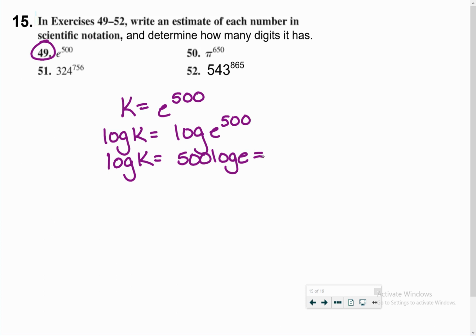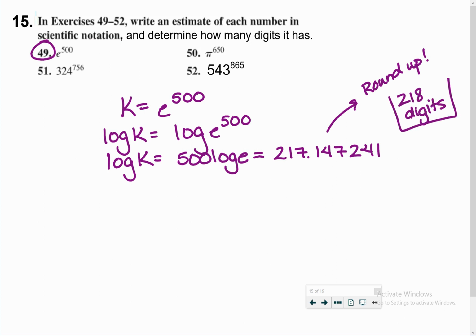So 500 log E, if I type that in, remember the E button's above the division key, I get 217.147241, as many decimal places as my calculator is going to give me. We round that number up always. So 218 is how many digits we have. That's the first part of our answer.